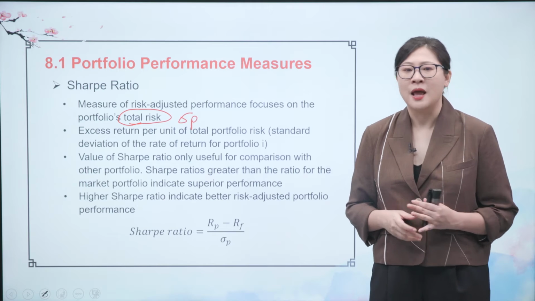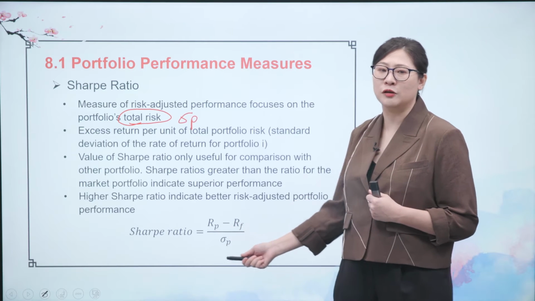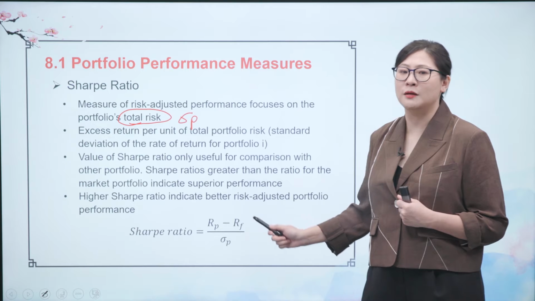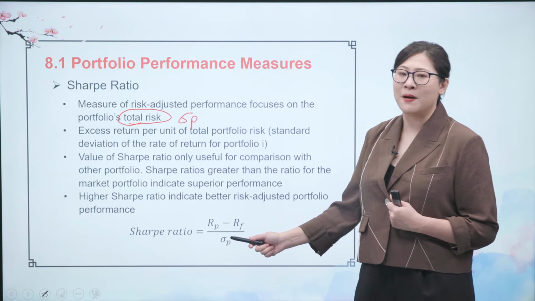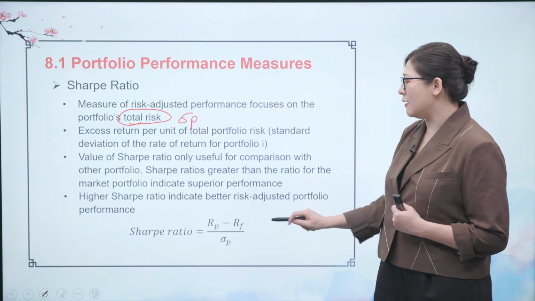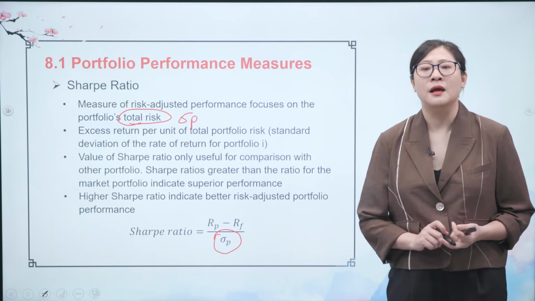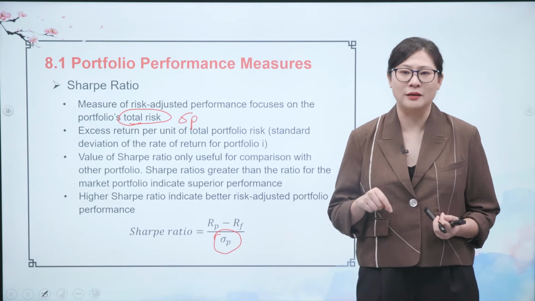Let's have a look at the equation for the Sharpe ratio. It's equal to Rp minus Rf divided by sigma p. So the difference is that now we use sigma p, not beta p as in the Treynor ratio.